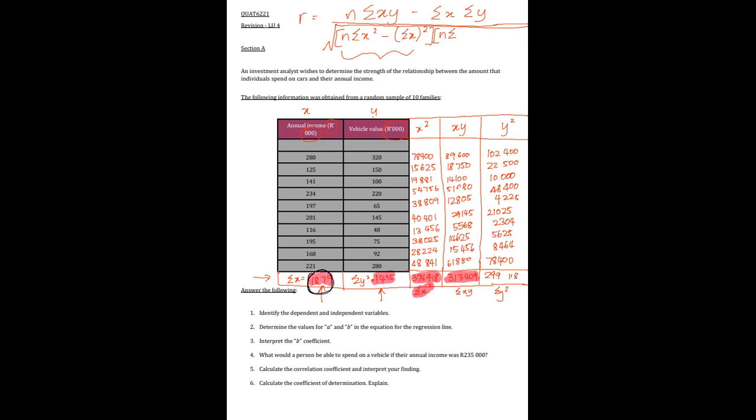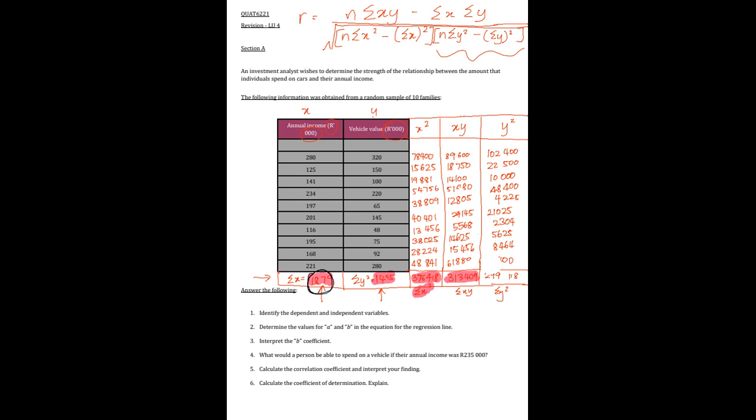So it'll be n times the sum of y squared minus the sum of y, then squared. And you'll close off that bracket. So that's the only change to the formula for R. With the B formula, you just didn't have this part at the end here, and you didn't have the square root sign in your denominator. Everything else is the same.